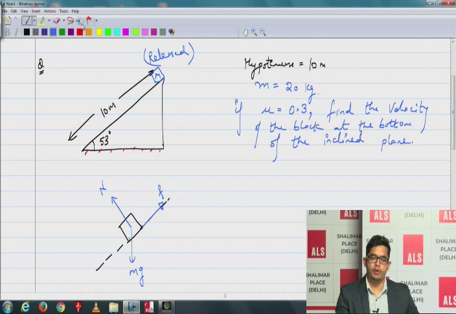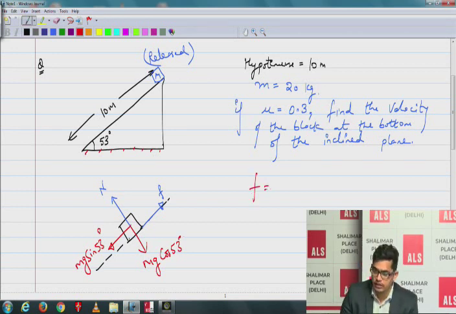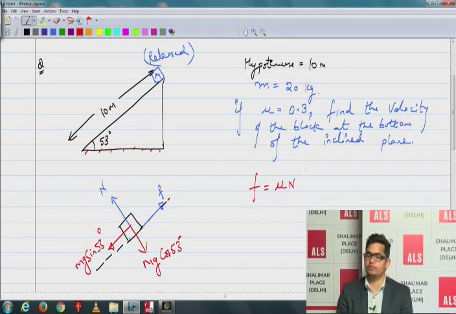If you take the components of mg, this one will be mg sine 53, and this is mg cos 53. Friction is equal to mu into N, because maximum friction will act as the body is moving.